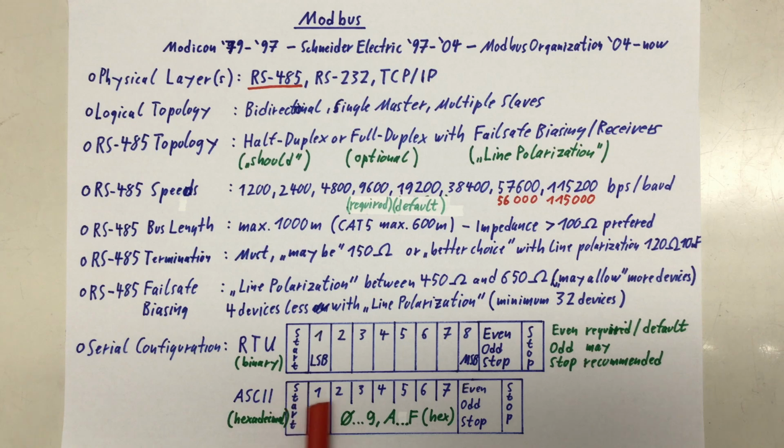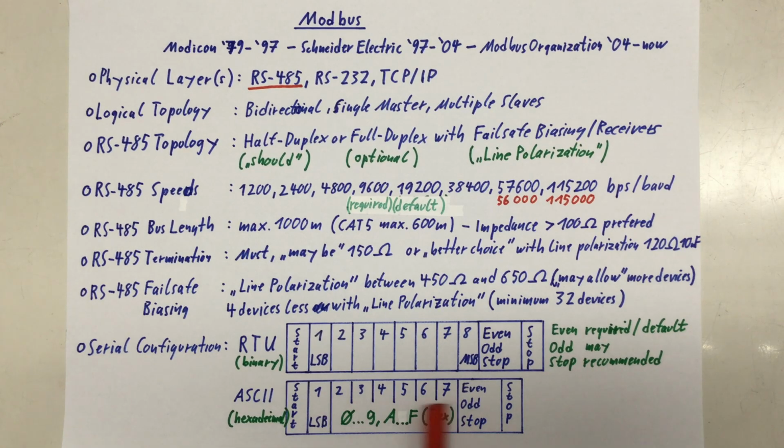Note that the transmission here is always 10 bits long. Allowed ASCII characters here, and there are a few exceptions to that as we will see, are the digits 0 to 9 and the capital letters A to F, which means a hexadecimal digit. And please note, you can encode an 8-bit binary value as 2 hexadecimal digits. Yeah, we will come back to that later too.